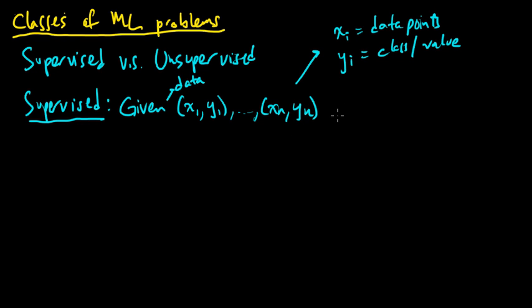So given this data, the task is to find a function, or choose a function f. I won't define it formally, but it takes a data point x, maybe a new data point, and gives you a y for that.